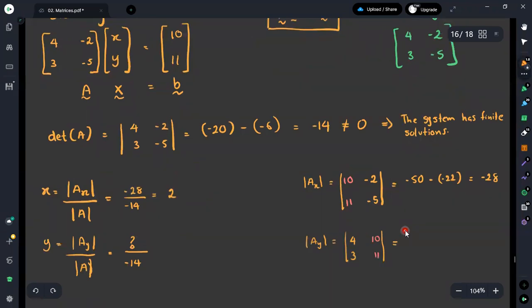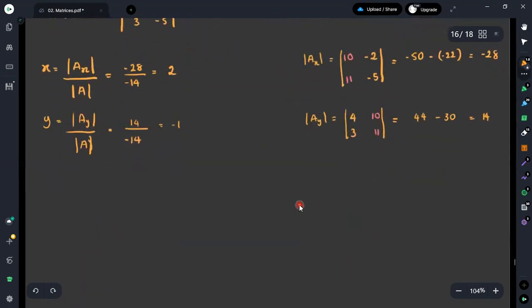Therefore, once you perform the calculation, you will get 44 minus 30, which equals plus 14. Then you will get the answer as 14 divided by minus 14 itself, which equals minus 1.